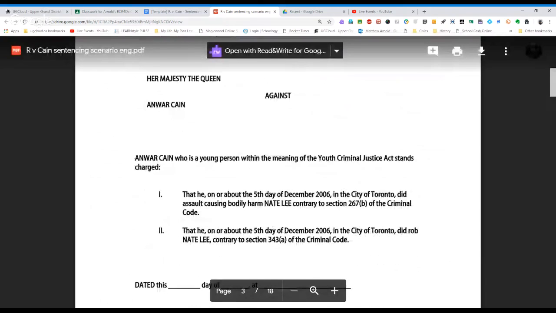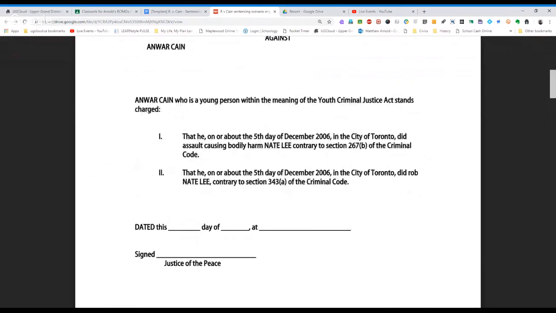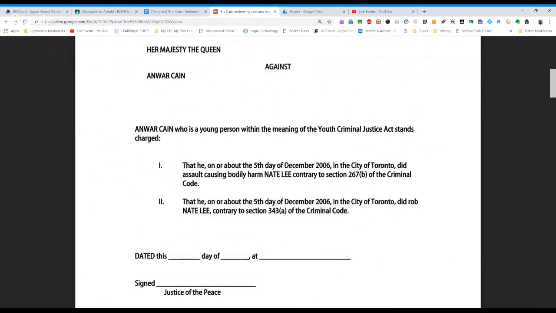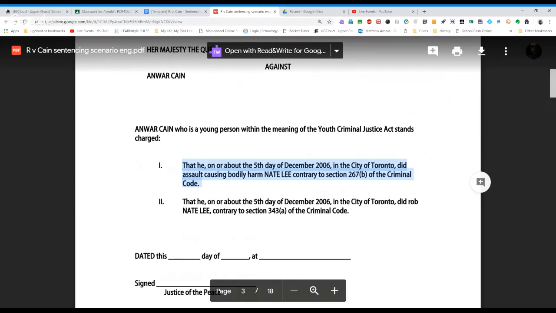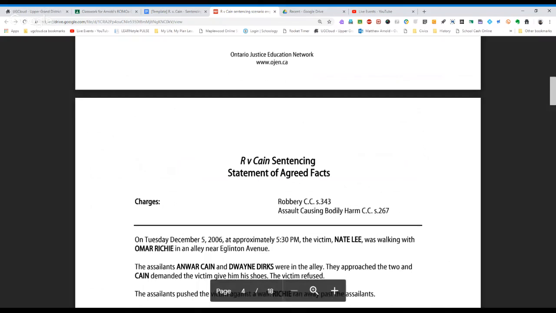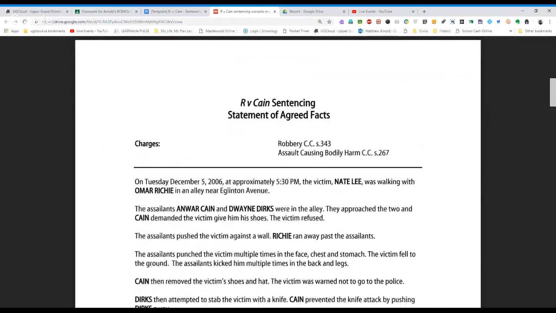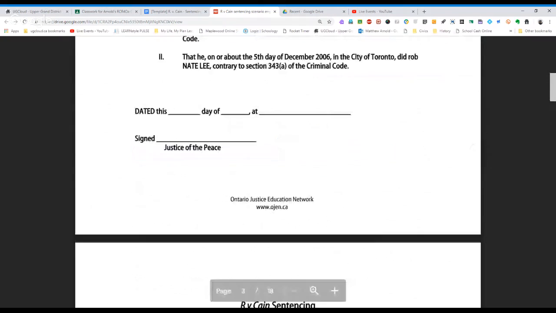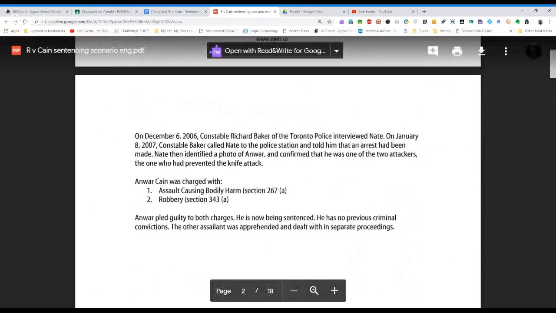The sections of the criminal code you can find also on the information here. So your first section is here, 267B and 343A. Those charges are here. And you can also find them under what's called the agreed statement of facts here.